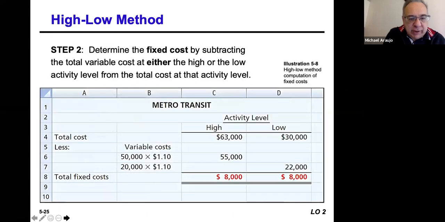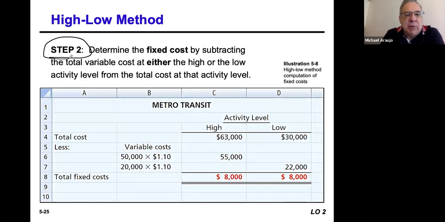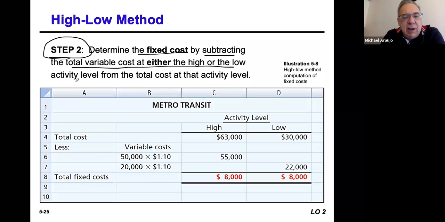And you'll be doing this. So the second step here, and again, it's step by step, as most of you know. We're going to determine the fixed costs by subtracting the total variable cost, at either the high or the low activity, from the total cost at that activity.